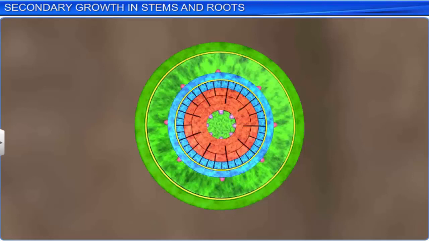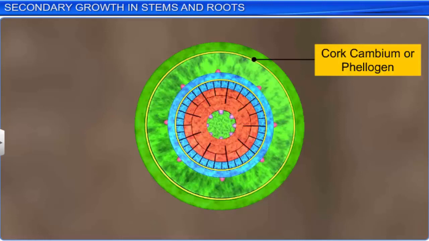In due course, another meristematic tissue called cork cambium or phellogen develops, usually in the cortex region. In the phellogen, differentiation of cells begins on both sides.